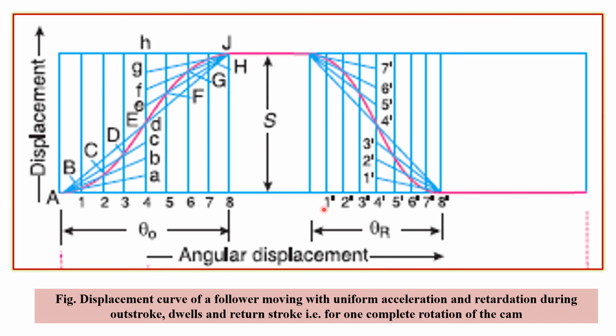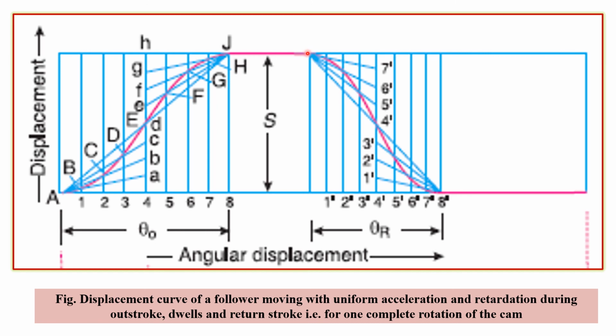So we have further divided them into 8 parts, naming them 1 dash, 2 dash, 3 dash, 4 dash up to 8 dash. And we draw ordinates from all these points, and then start joining the points marked on the central ordinate with the left top corner of this particular outstroke angle box. So we follow the same procedure.